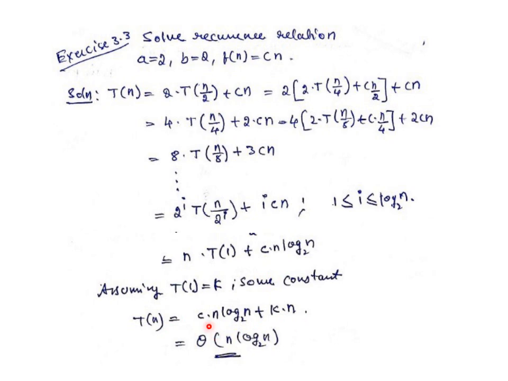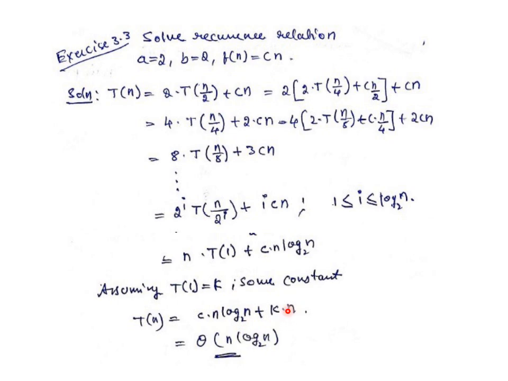In this case also, the algorithm contains two parts, n log n base 2 plus n. For large values of n, the algorithm depends on the first part, that is n log n base 2.